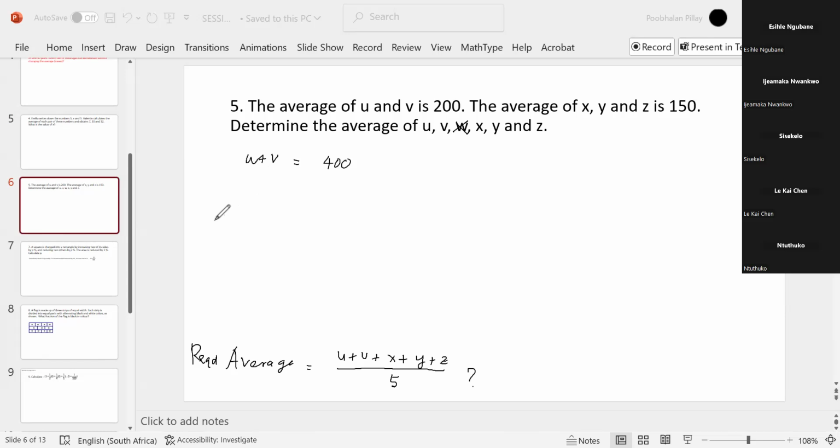If you don't like that, you could have said U plus V divided by 2 is 200. Therefore, U plus V is 2 times 200, which comes to the same thing. I went to that straight away because we are using the formula S is equal to N times the average. Very useful. Okay, so you've got U plus V is 400.